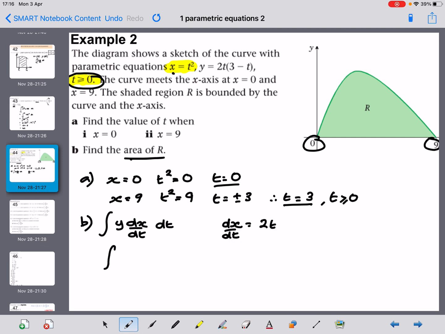So I'm going to integrate between 0 and 3. Those are my t limits. y, which is 2t(3 minus t), times by dx by dt, which is 2t, with respect to t.